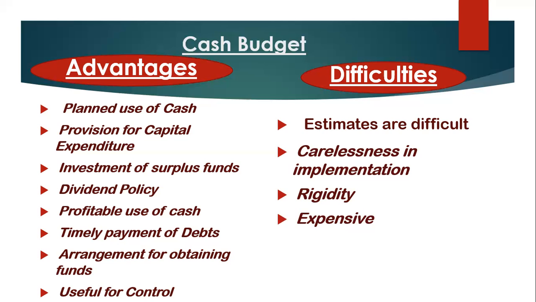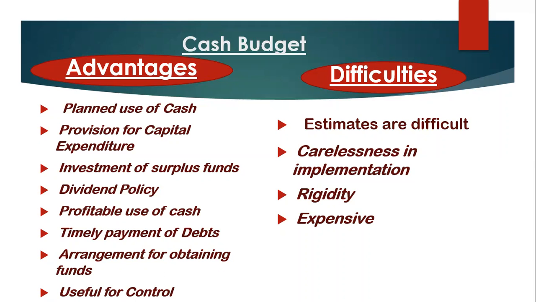So small firms cannot afford to make a cash budget or any budget in practice. So these are the four difficulties which we are having in cash budget.